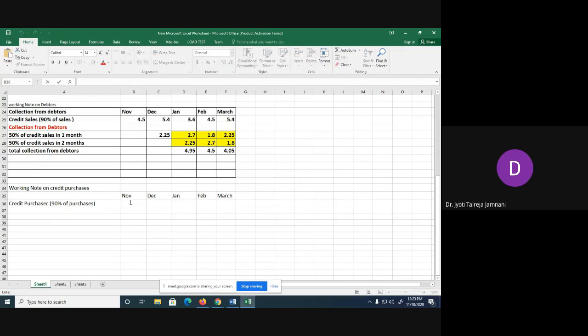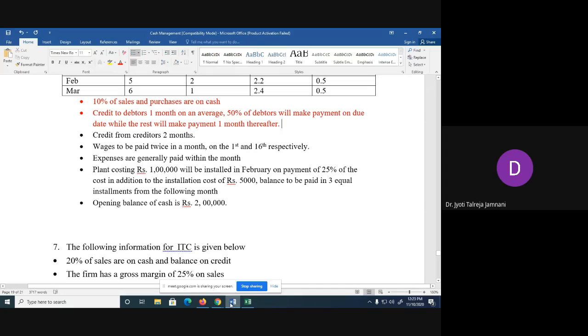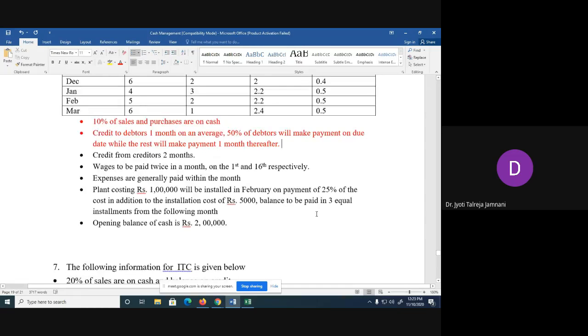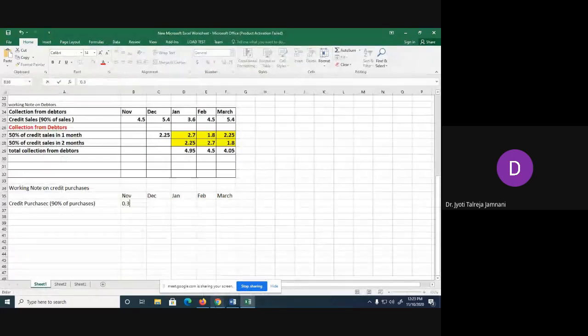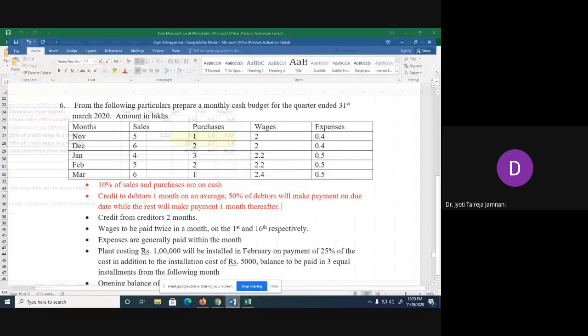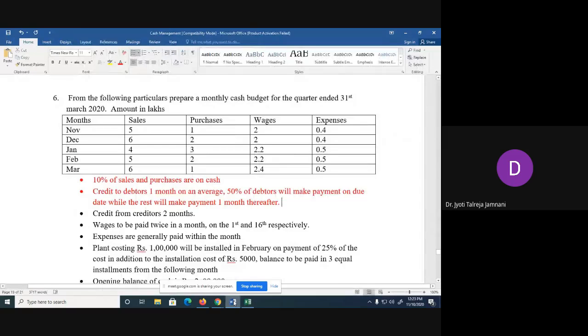Okay, so let's find now what are the purchases that we have made. November it was 1, so 90% of 1 is 0.9. December it was 2, 90% of 2 would be 1.8.